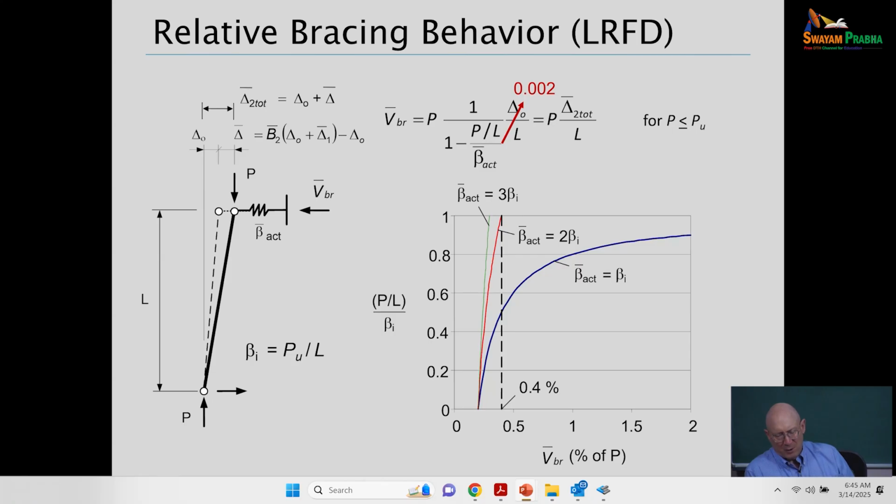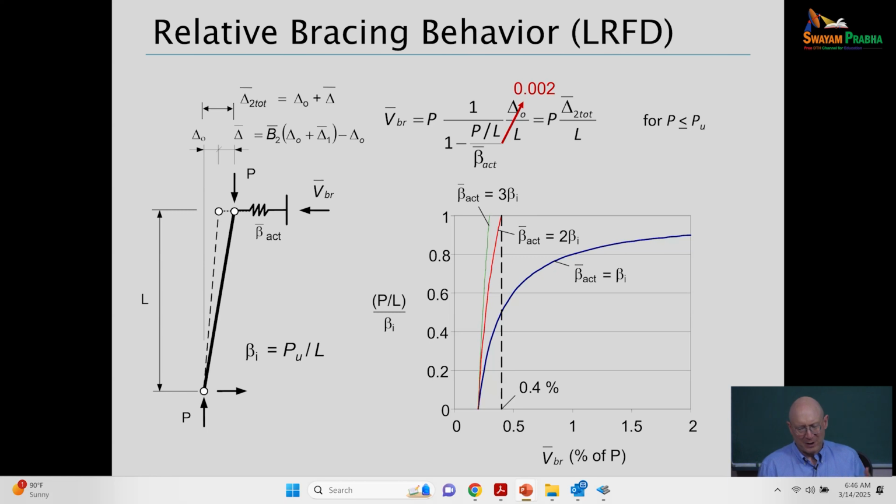So this plot gives us the argument that we generally cannot just use ideal bracing stiffness. The brace force would become unbounded. We would fail the bracing before we can develop the column strength that we want. The typical target is 2 beta I, or 2 over 0.8 times 0.8 beta I, if you like.